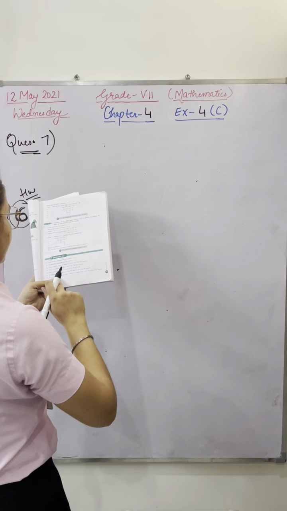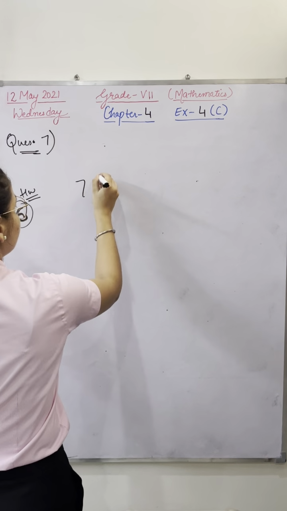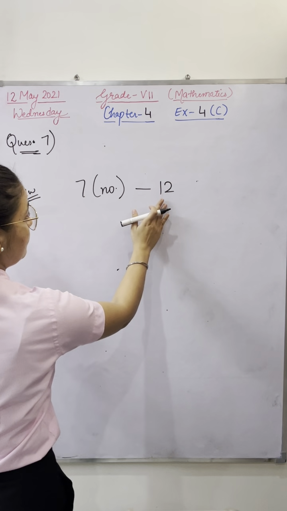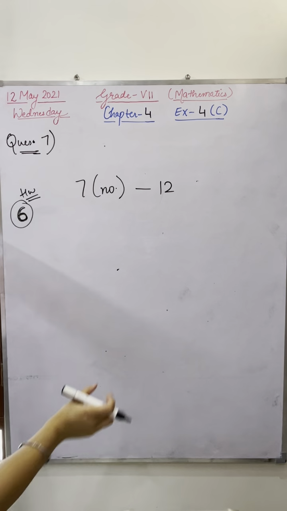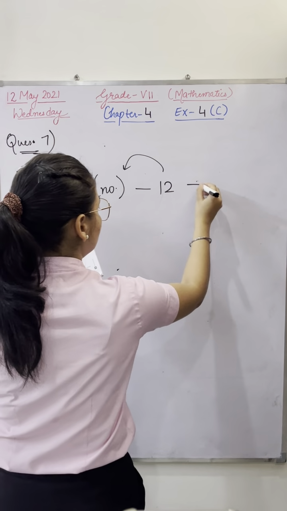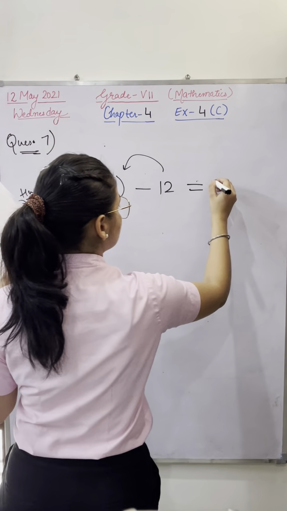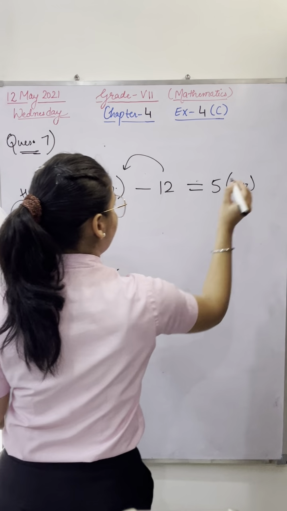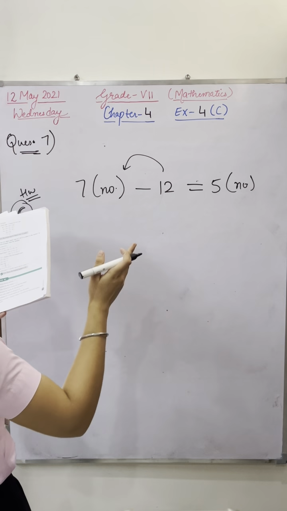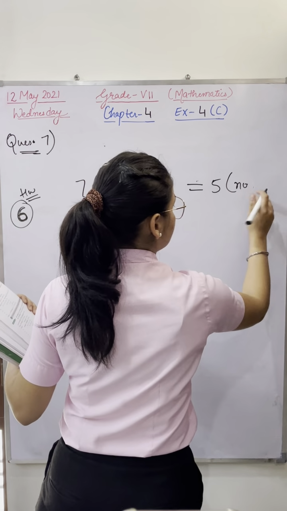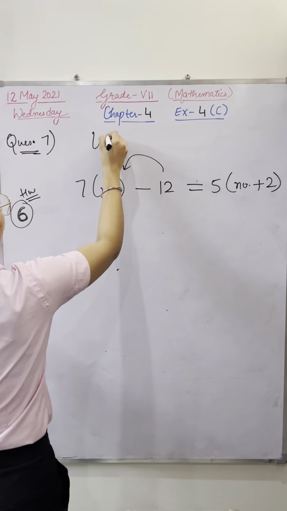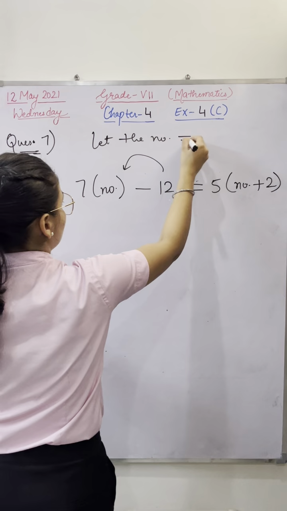If 12 is subtracted from 7 times of a number, it is equal to 5 times the sum of that number and 2. This is your question. And you have to write in the beginning, let the number be equal to x.